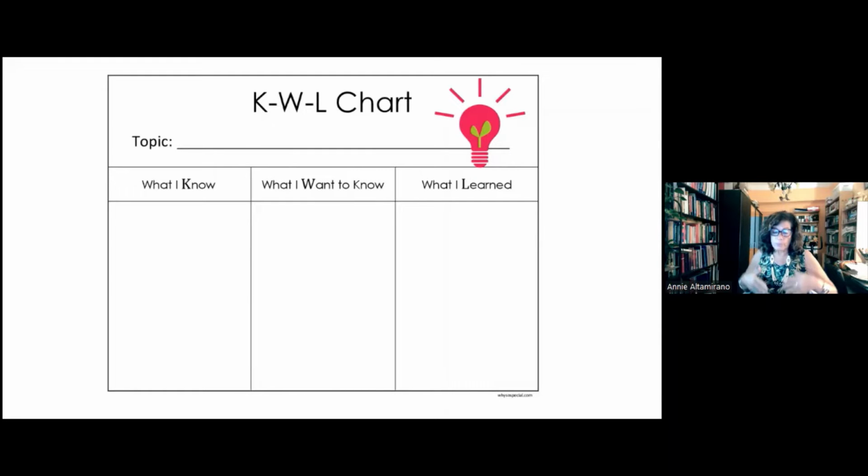So you draw this chart and you ask learners to write what they know or they think they know about the topic of discussion, the topic of the lesson, whatever you want them to learn today, in the first column. The first column is the K column, what I know or I think I know. So they write what they know about the topic.